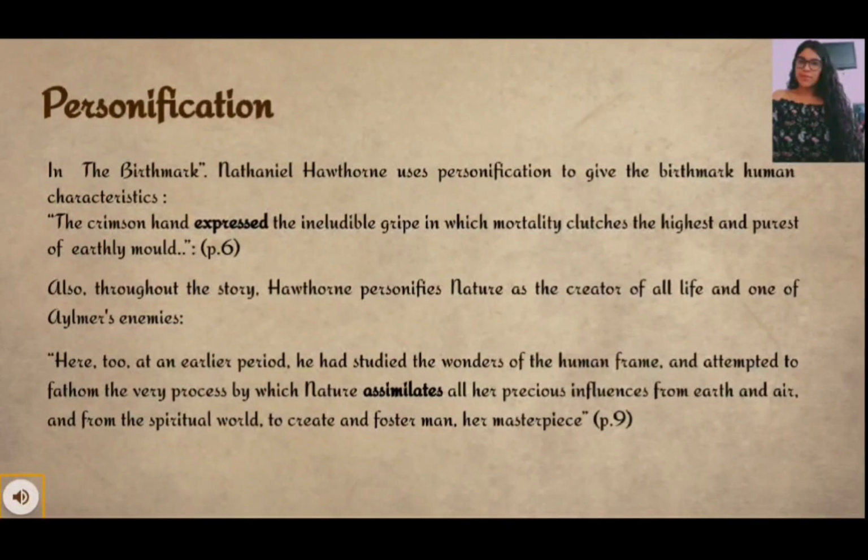The quotation shows how nature is personified as a woman who purposely assimilates all her precious influences from earth and air, in order to assist humankind, which is her finest creation.